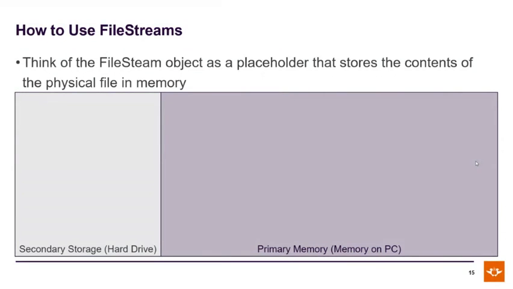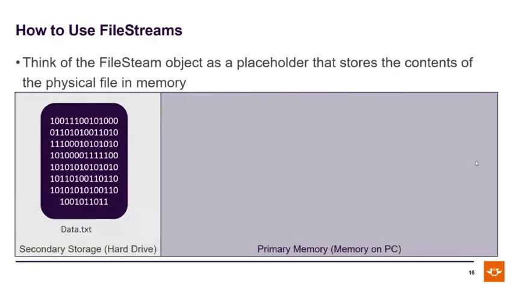So your secondary storage is your hard drive or your USB, and your primary storage is the memory on the PC, and your program will be active. So you've got your file located in your secondary storage, and in this case we're going to use a text file. And you've got your program in your primary storage. And that's where you create the FileStream.